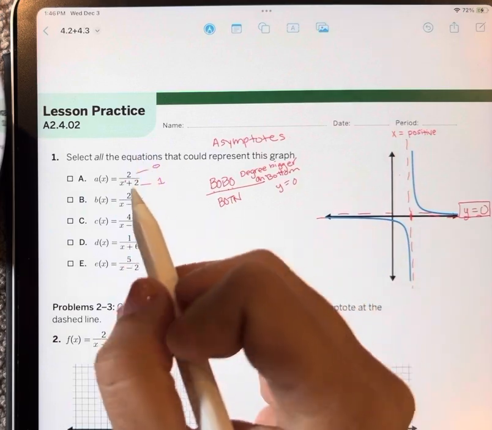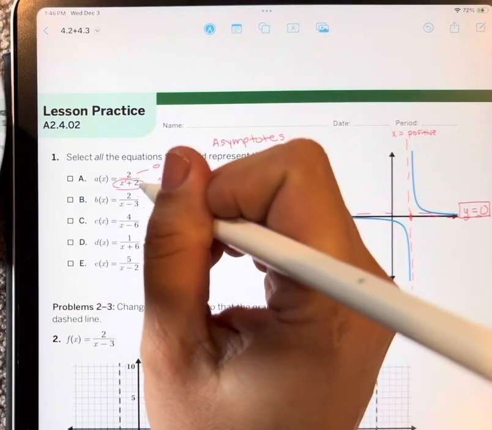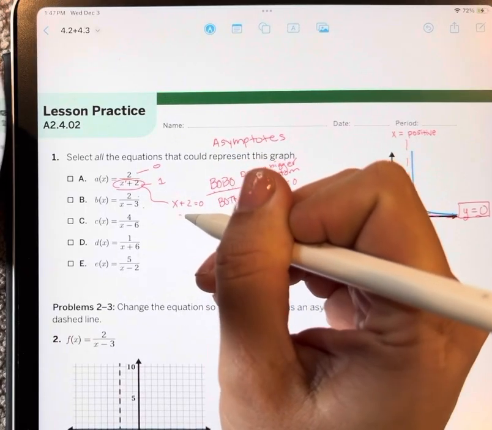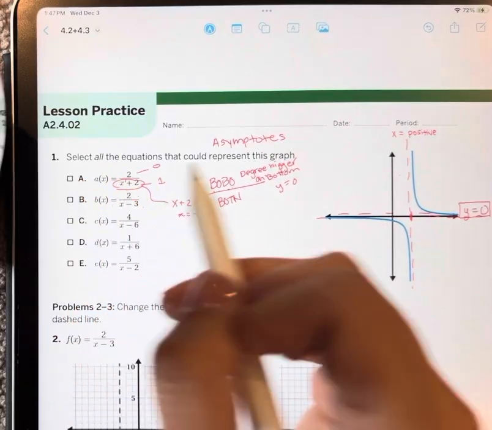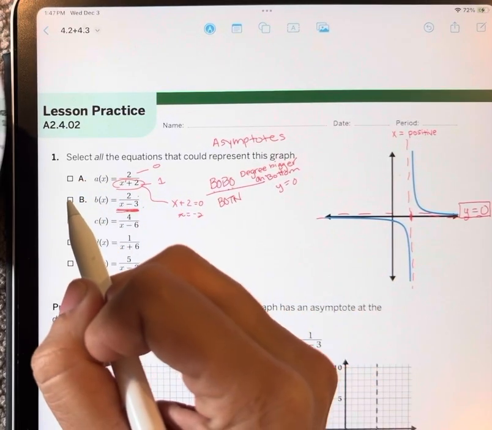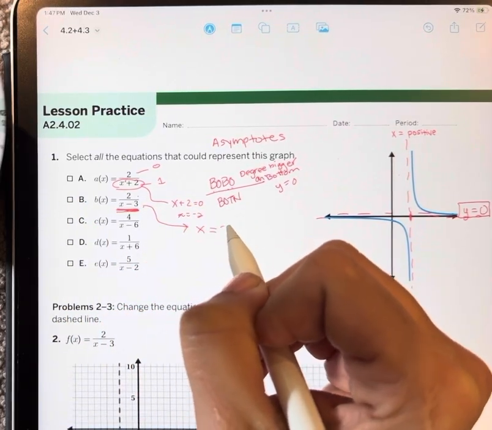If I figure out what the asymptote is here, it would be what makes the denominator equal 0. So what makes x plus 2 equal 0? That's negative 2. So it's not this one. 3 makes that 0. That is positive. So this one's vertical asymptote is at x equals 3.